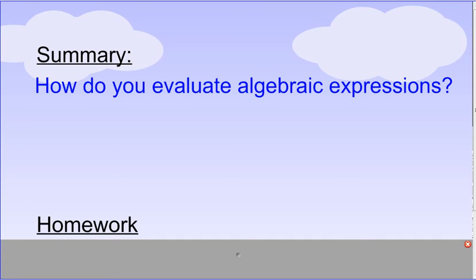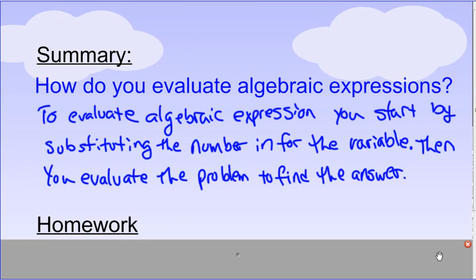The last thing you have to do is in the summary box on your note sheet, it says, how do you evaluate algebraic expressions? Pause the video, see if you can write down an answer to that, a sentence or two. Look back at the note sheet if you need to, and we'll get back together in just a second. Okay, here's what I came up with.